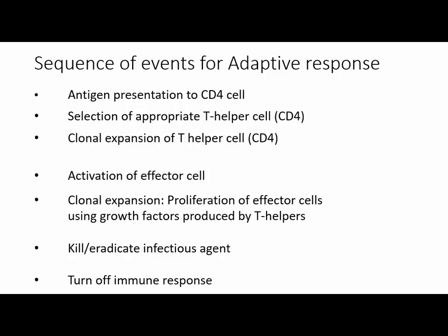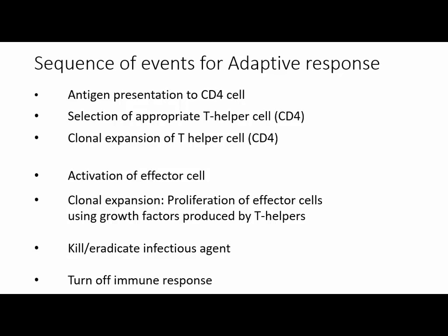One concept I need you all to get is that every adaptive response to any pathogen requires help. It requires CD4 T cells. Now, in order to activate CD4 T cells, what type of presentation do we need?